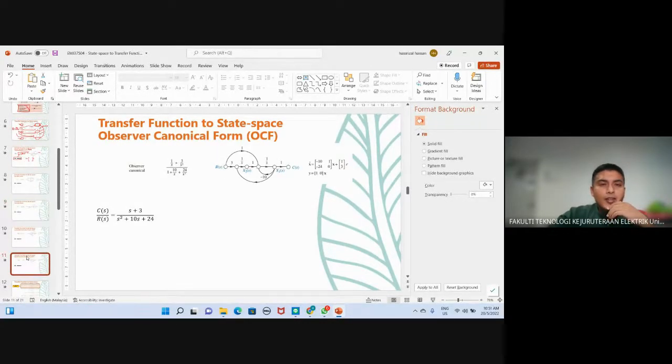The final form that I will explain here is the observer canonical form. For the observer canonical form, it is actually the same thing as the phase variable form, so the pattern is the same.